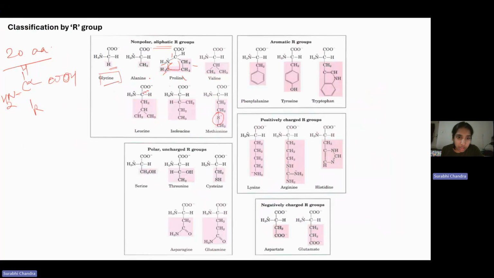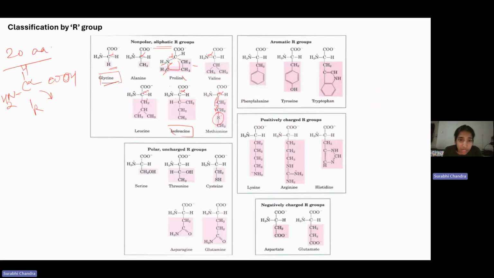These are all alpha carbons. Based on that, this will be beta, this will be gamma, and accordingly they will be named. Also, this C alpha carbon is chiral, or asymmetrical, in all the cases except glycine.